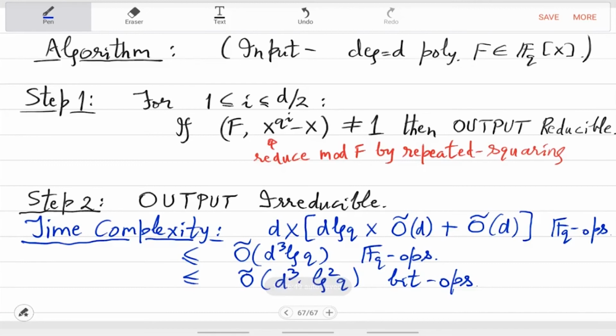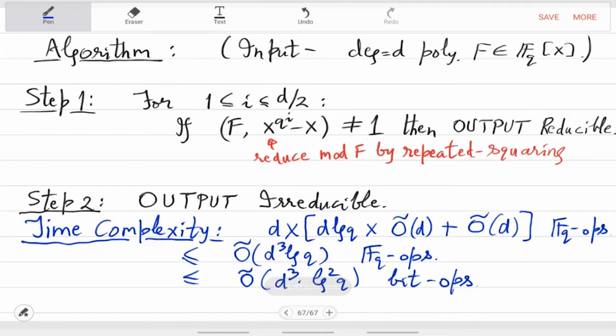Okay. Another thing in this algorithm is it is not just giving you a 1-bit answer, it is actually giving you more. So when it says reducible, it has worked hard, it has computed the GCD, and there is actually some information you get. So for example, if big F was irreducible, in that case you will only get 1 bit of information.